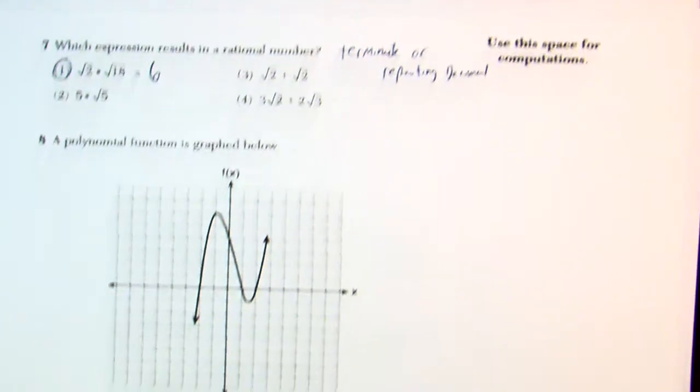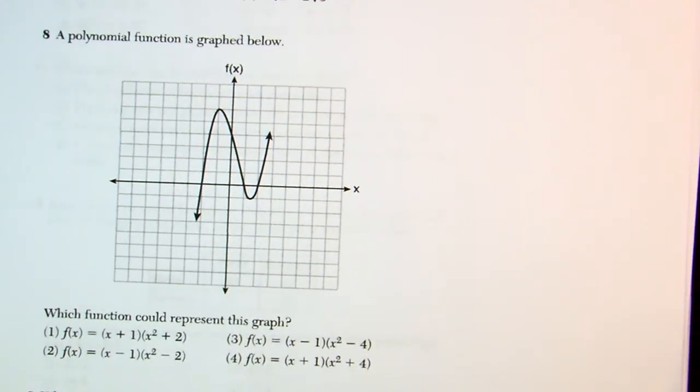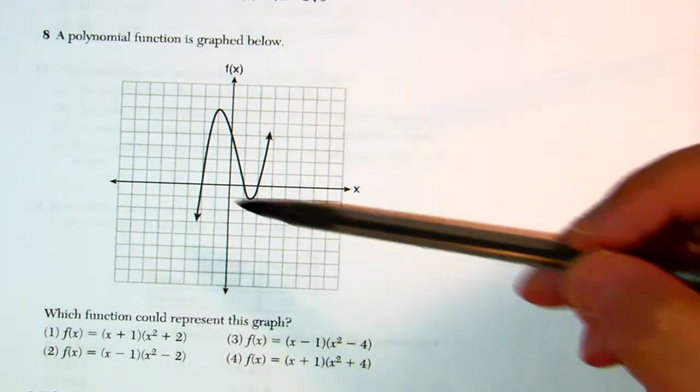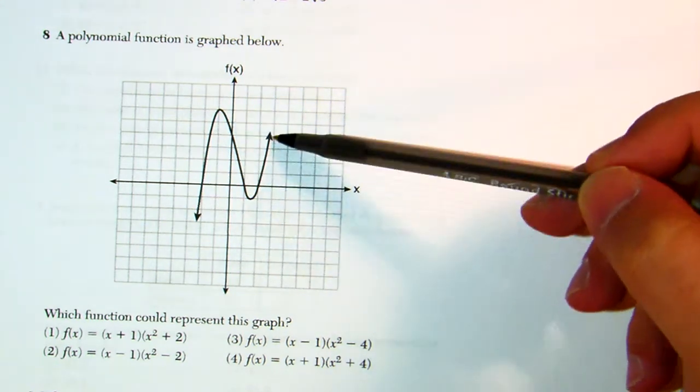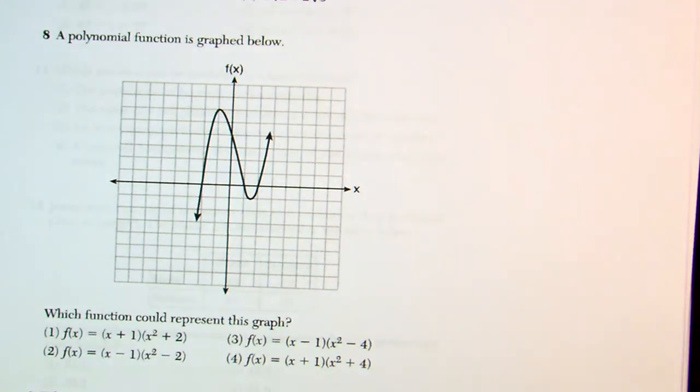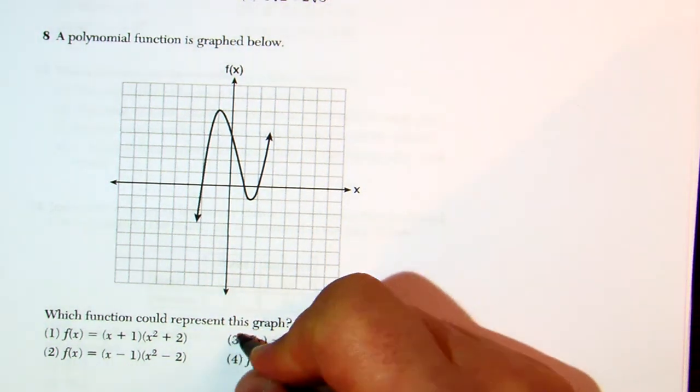Okay, number 8 says a polynomial function is graphed below. So we give this squiggle here. Which function could represent the graph? So again, this is going to be a graphing calculator question. I'm going to plug in each choice to see which one matches. I'm going to tell you right now the answer is choice 3.